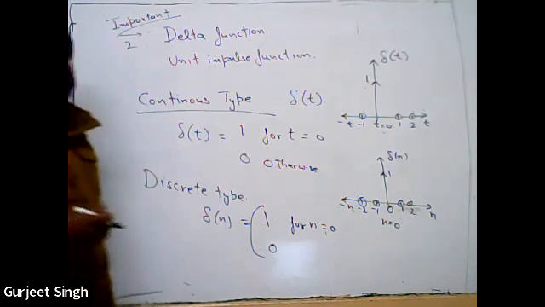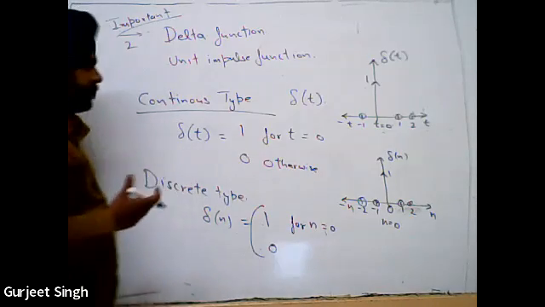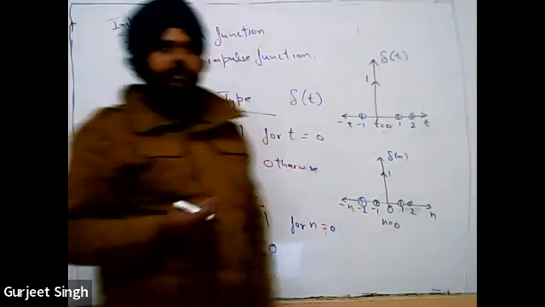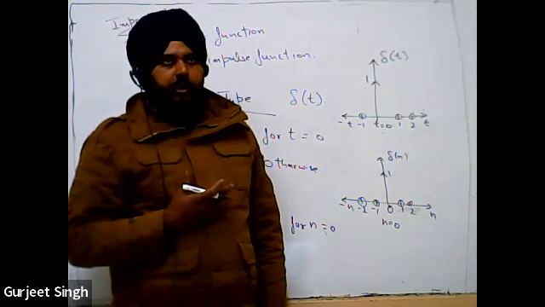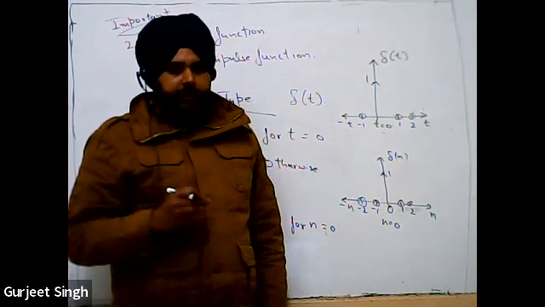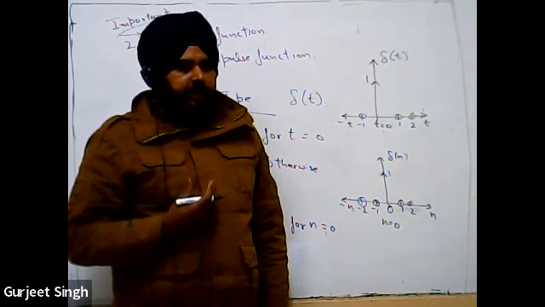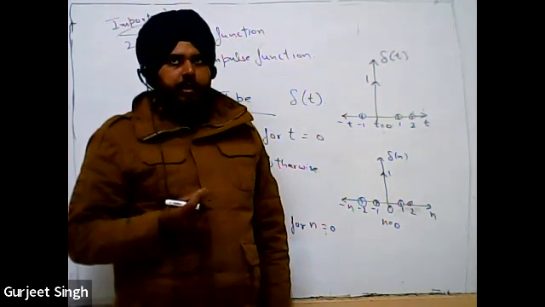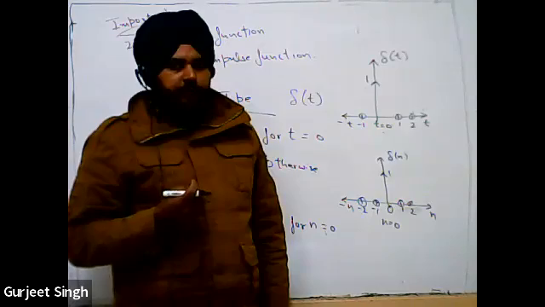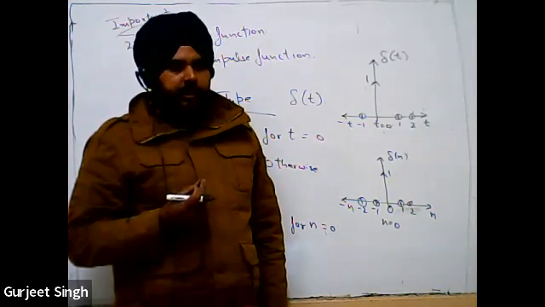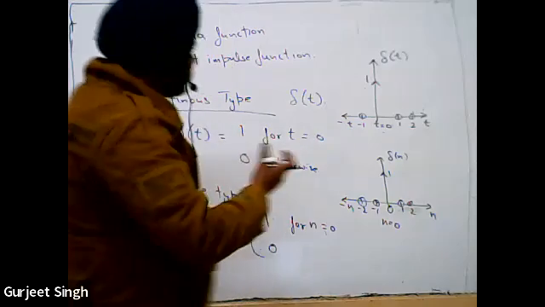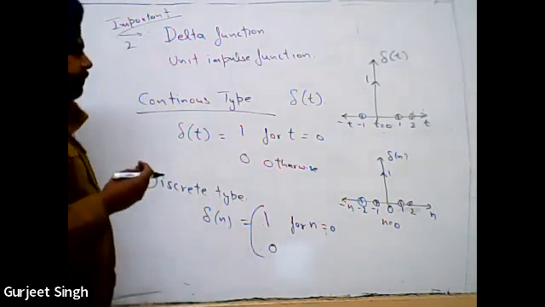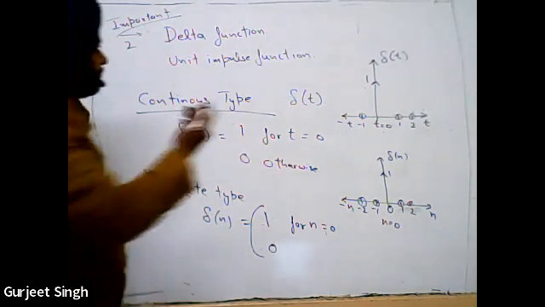Basically, this delta function or unit impulse function is used in the shifting property. In linear time invariant systems, when we have to find the value of a signal at a particular point, we use this delta function. I will give you one example.